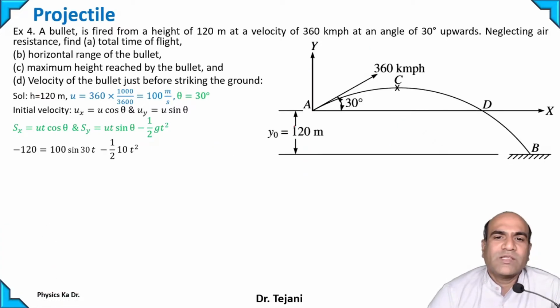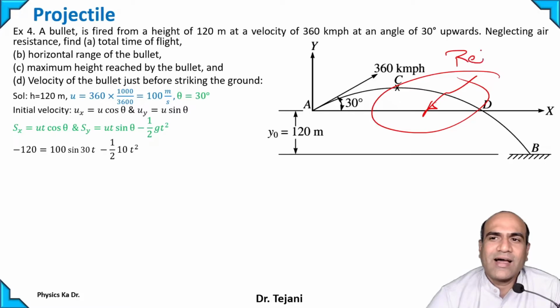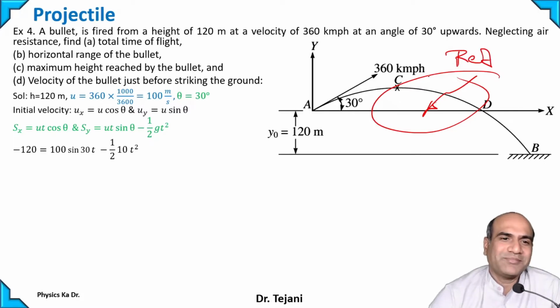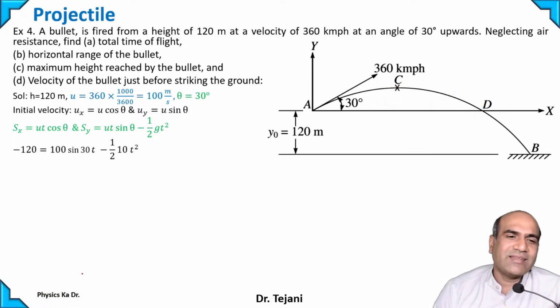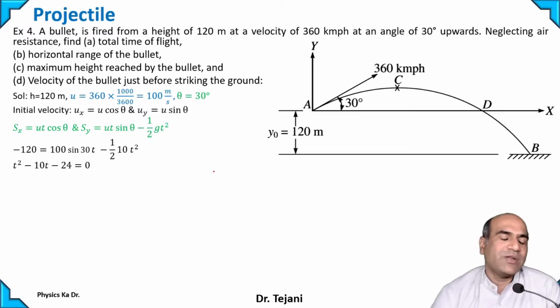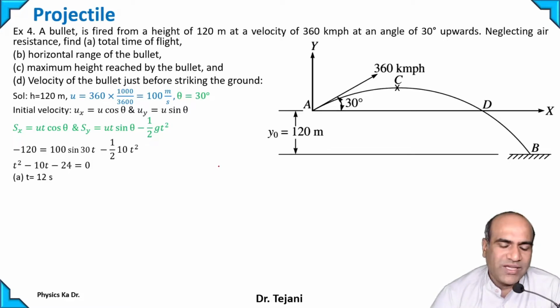Therefore you should take y as minus 120 because this is our reference. u is equal to 100 meter per second, sine 30, and the equation is t square minus 10t minus 24 is equal to 0. You must solve this equation. So t, you will have two answers. t is equal to 0, that represents point A, and t is equal to 12 seconds, that represents point B.